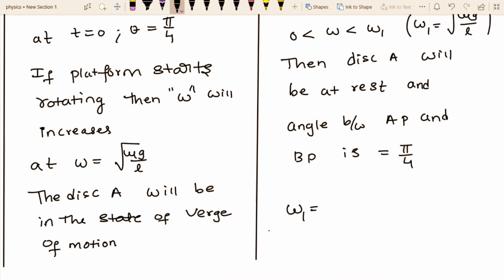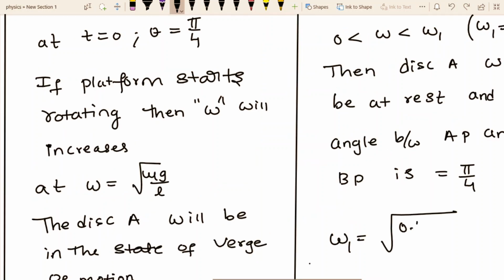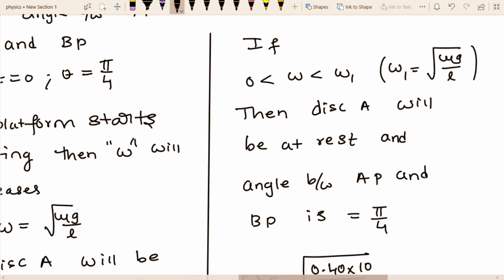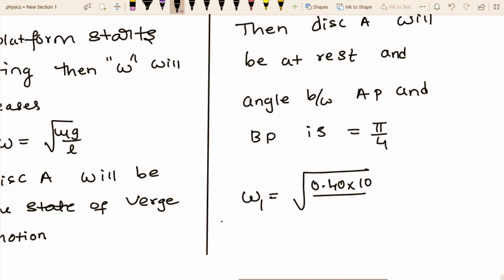and you can even compute this omega 1 value also. If you put all the values given, mu value is given as 0.40, g value is given as 10, and L value is also given, that is 25 root 2 centimeters.